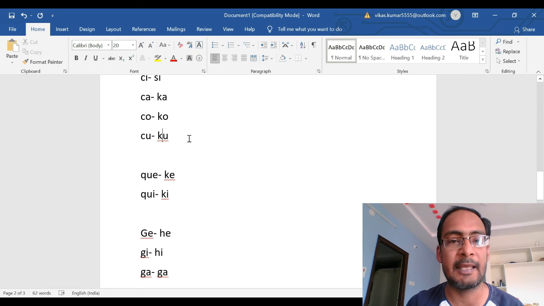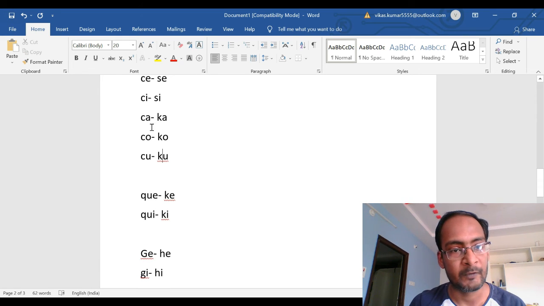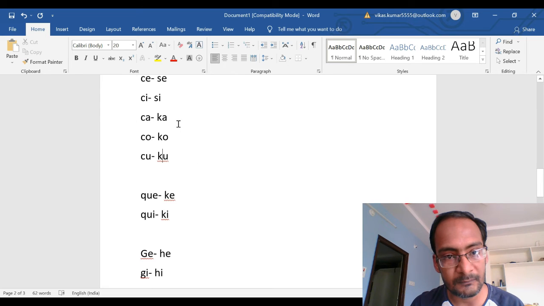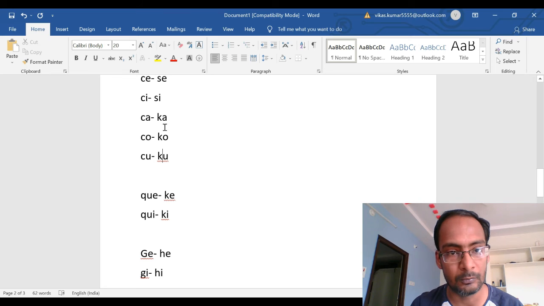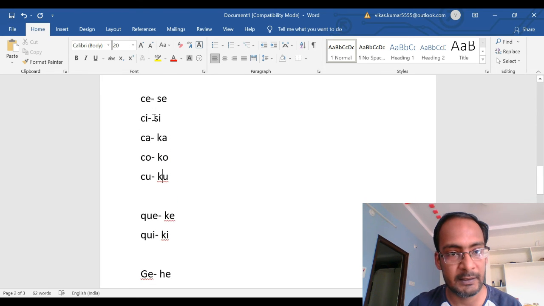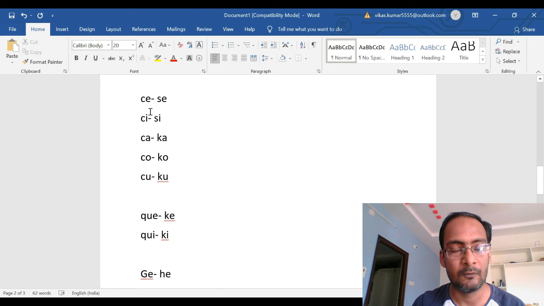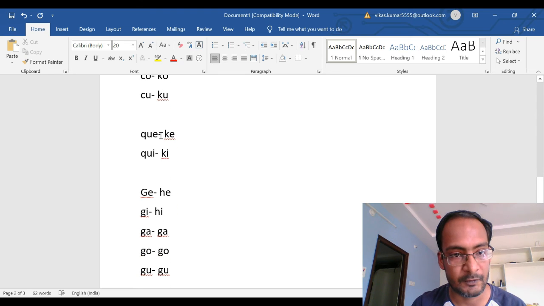So in order to produce the K sound, you need to use C with the vowels A, O and U to produce ka, ko and ku sounds. And as you can see, CE and CI become se and si. So in order to produce the ke and ki sounds, we use these letters.